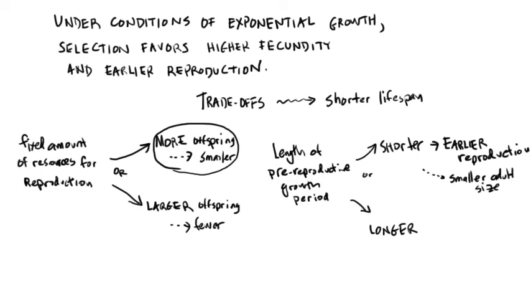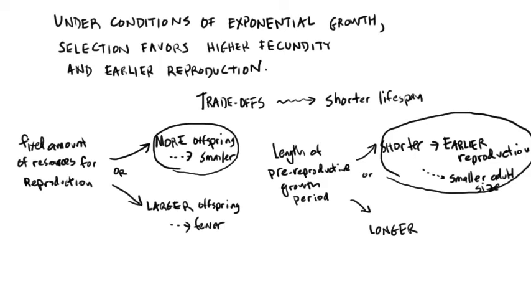Again, it's not that selection is favoring smaller bodies, but under conditions driven by exponential growth, there's a strong selective premium on reproducing early, and whatever fitness decrease comes from having a smaller body size is, again, collateral damage.